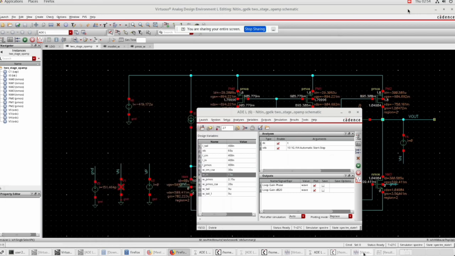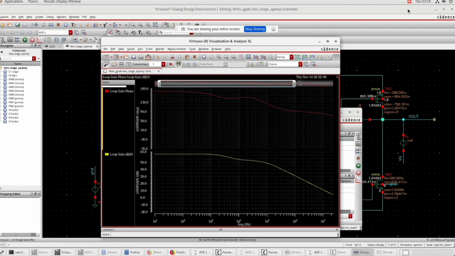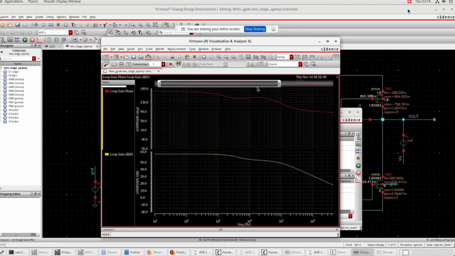You can also see the phase margin through the graph, the Bode plots. So to find out the phase margin, we have to find out where the plot reaches 0 dB.